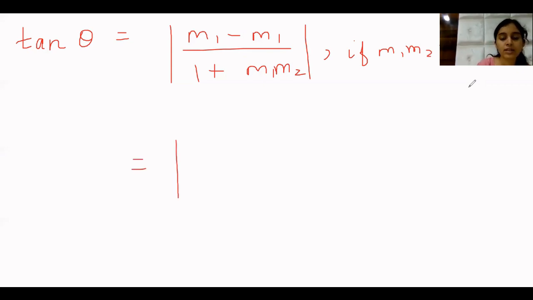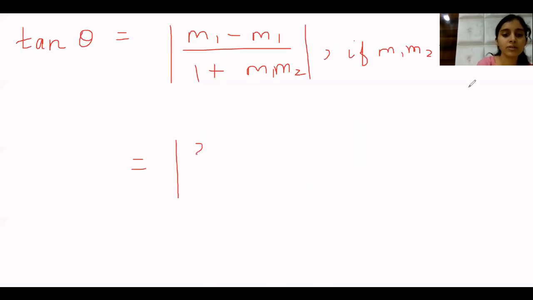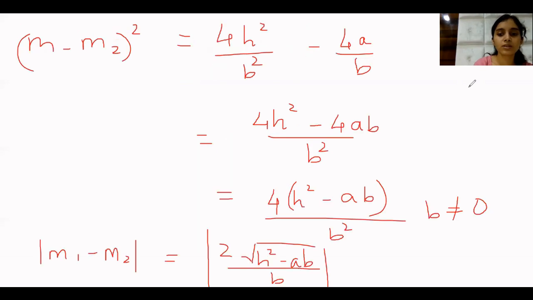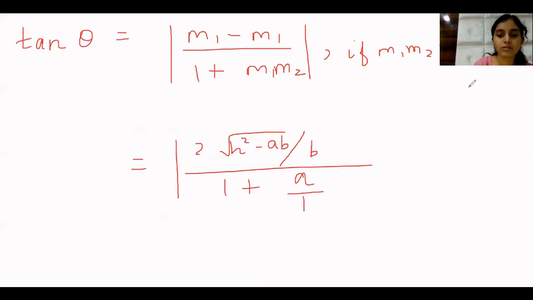Then we can write m1 minus m2 value as 2 root of h square minus ab upon b, divided by 1 plus m1 m2, whose value is a upon b. So let us put the value a upon b over here.